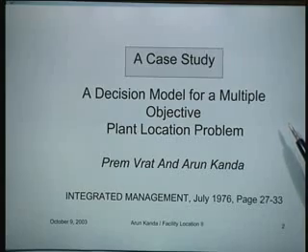The basic intention in this case study is to look at the various factors which are relevant for the plant location problem and try to then determine, after conducting a feasibility study, what should be the best location for the manufacturing plant. So this would be the kind of study that any new entrepreneur or any new company contemplating a new location for a manufacturing plant would go through.